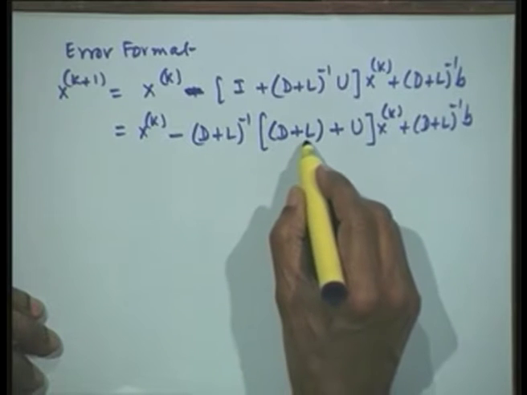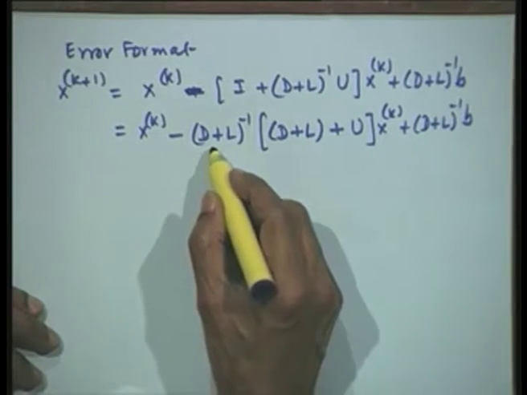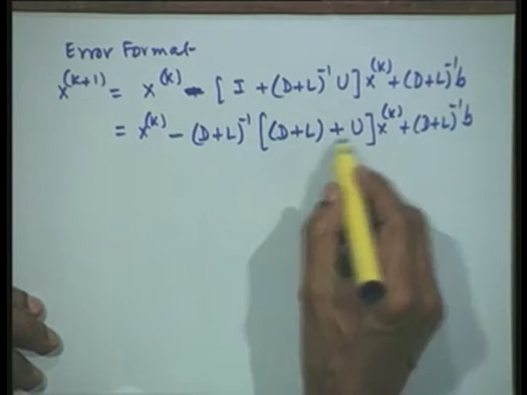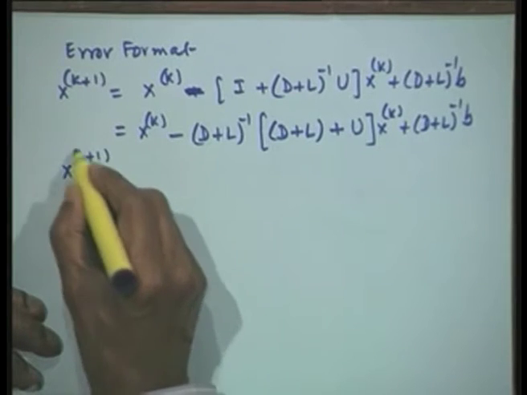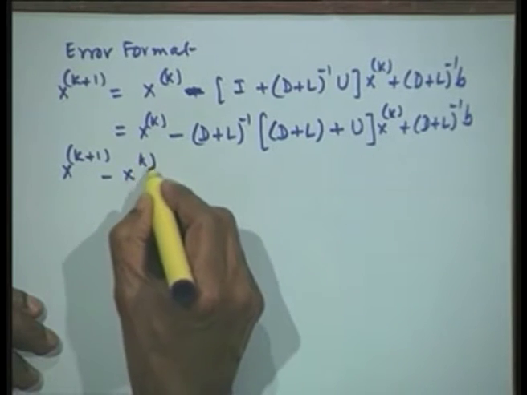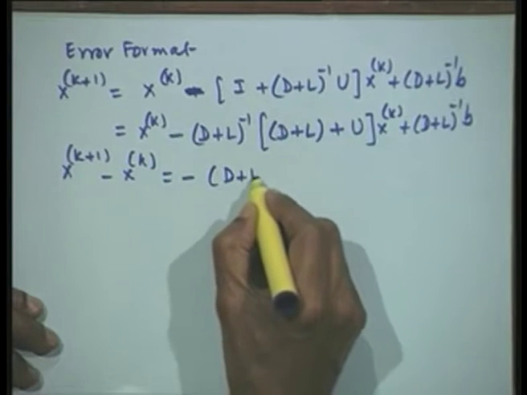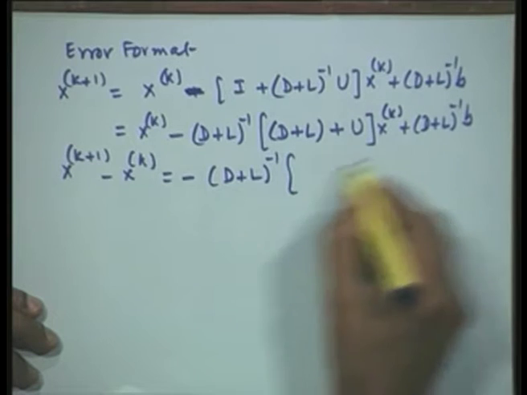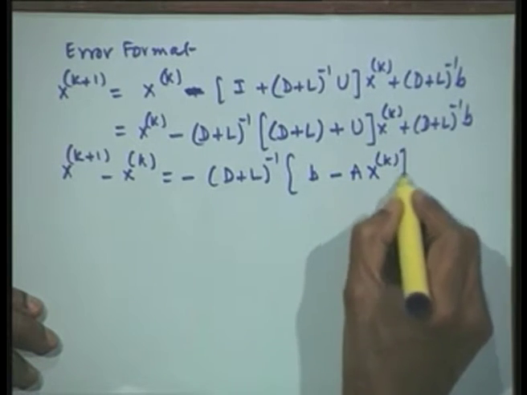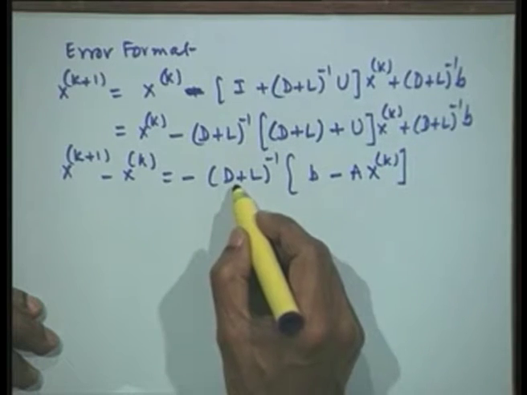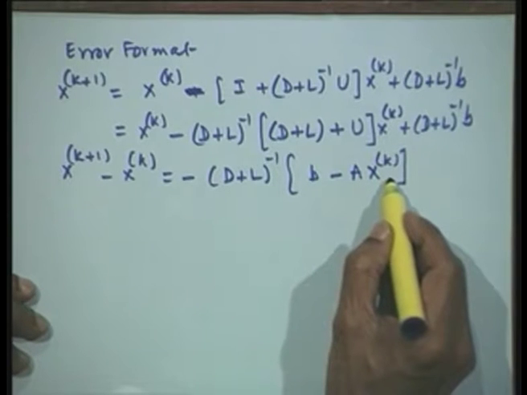Now, again this is D plus L plus U, that is A again, (D plus L) inverse common. So, I will have here b minus A x^k common here. Therefore, I can bring x^(k+1) minus x^k to the left hand side, this is (D plus L) inverse of b minus A x^k. I have taken (D plus L) inverse common on the left. So, I have a b here and this is our A x^k.